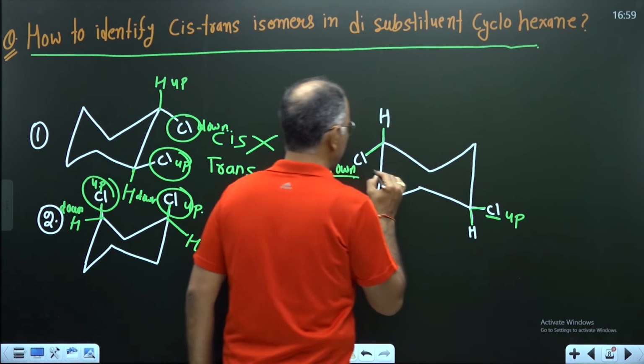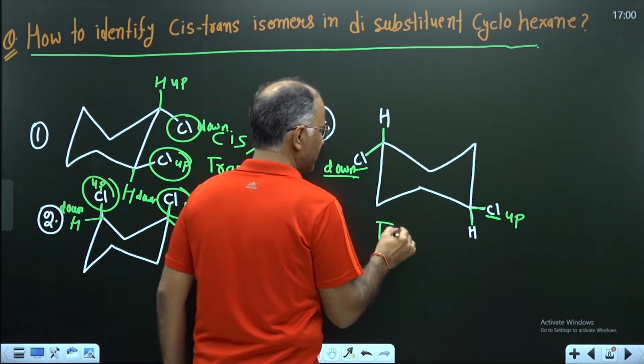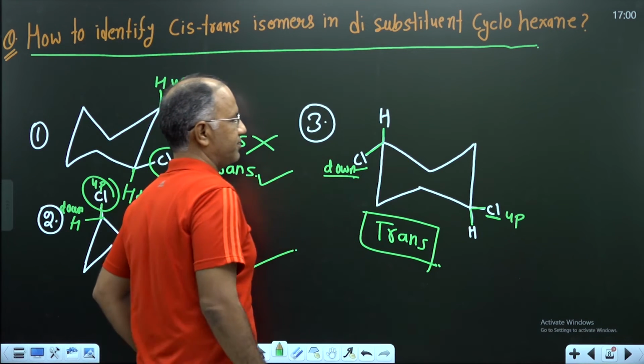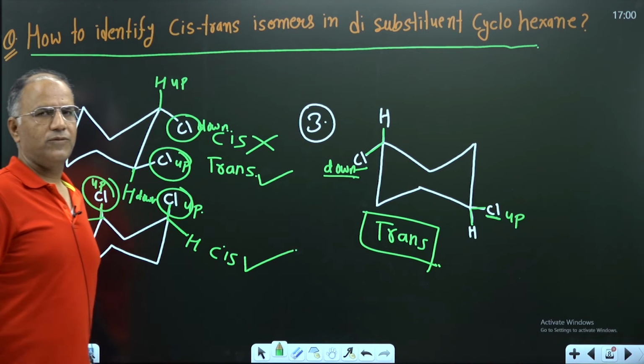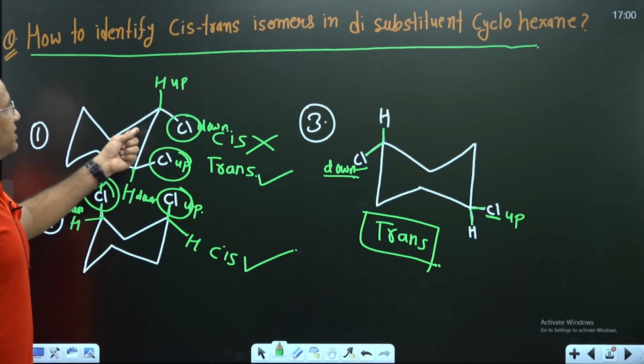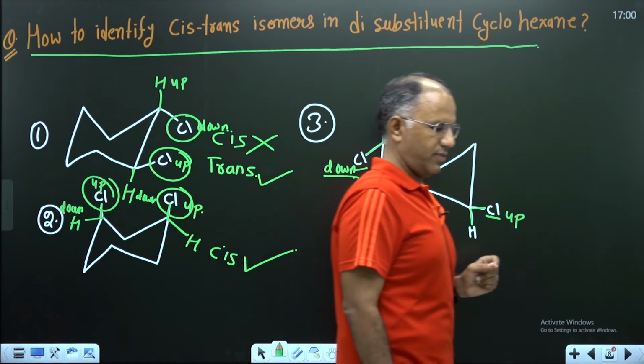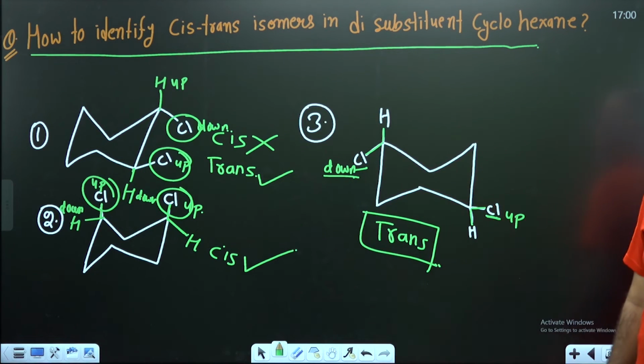Now this is up and this is down. This means this isomer is our trans form. Simply you have to check which valency is up and which valency is down. Pause the video and write all these examples.